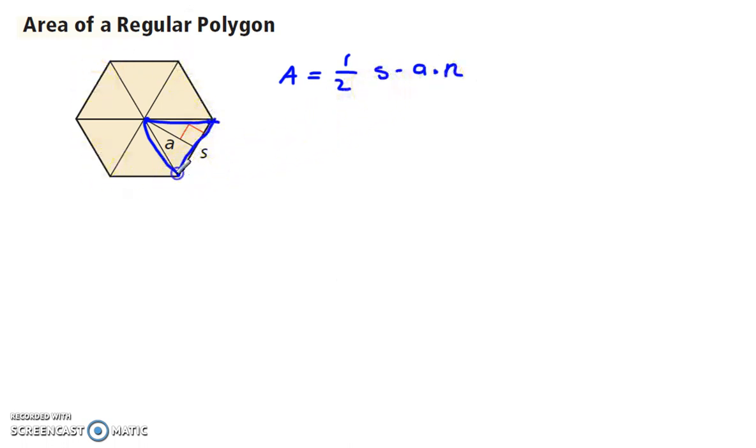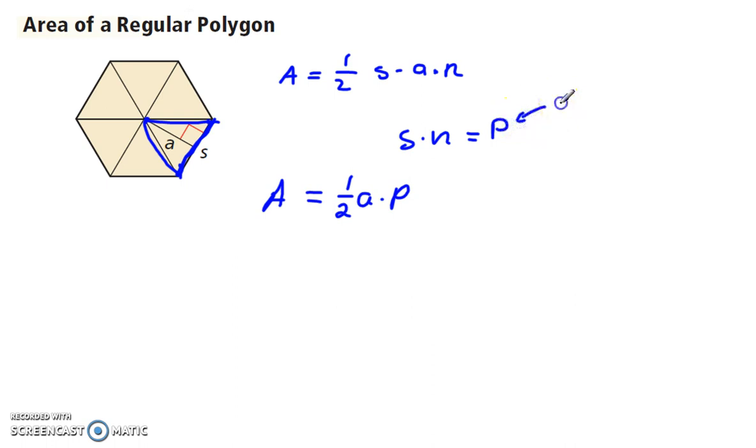Now, we can take the side times the number of sides to mean the perimeter. So instead of saying side times the number of sides, we know that's also the perimeter. So I could rewrite the area formula like this: 1/2 apothem times perimeter.